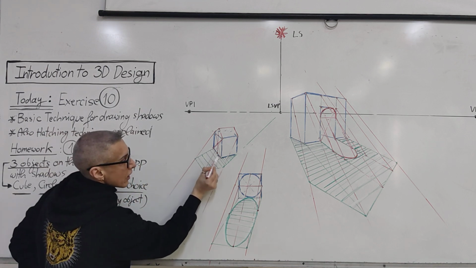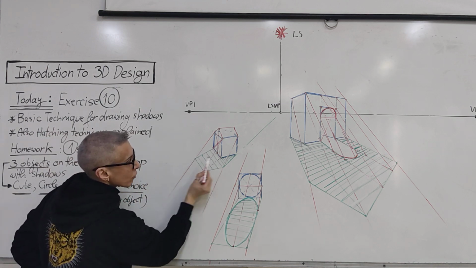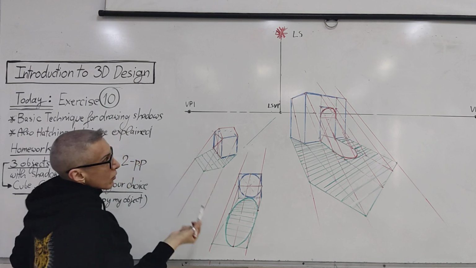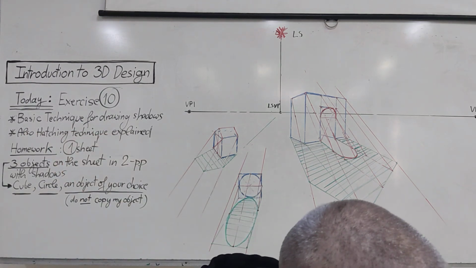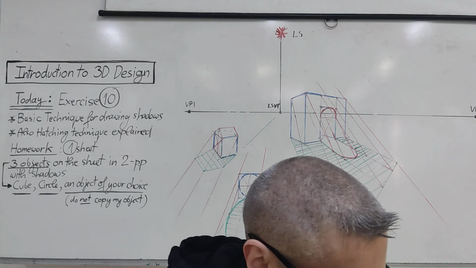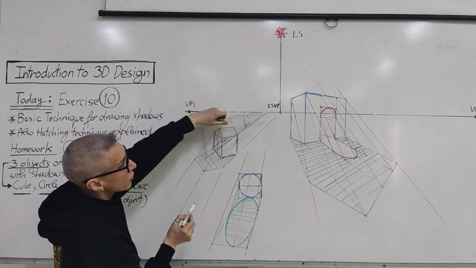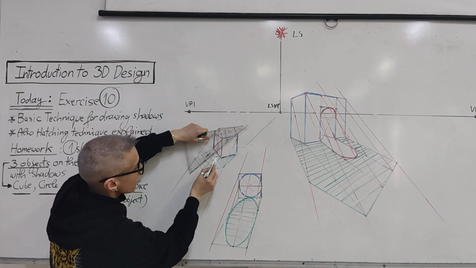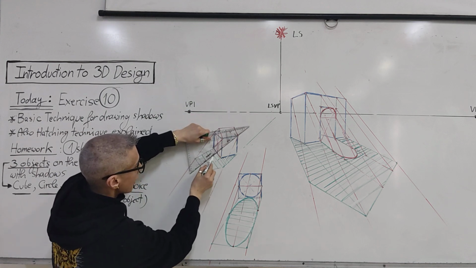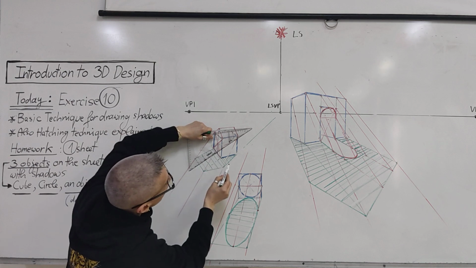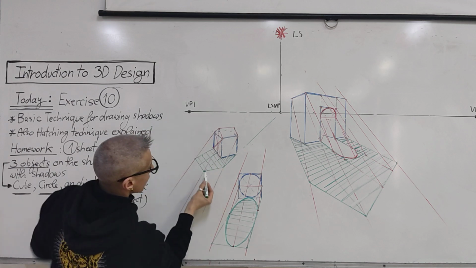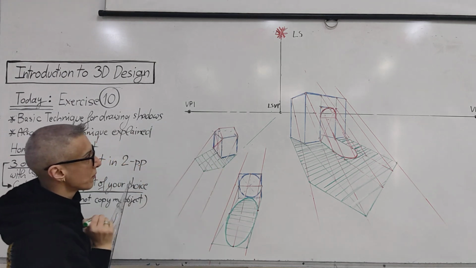And where is this line in the shadow? It's this line. So this point is on this line. So, this point is a lower point. So we need to take it from the light source vanishing point through it, okay? And see where it will intersect this line, okay?